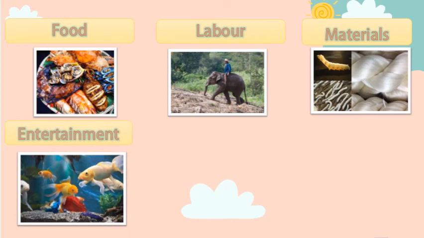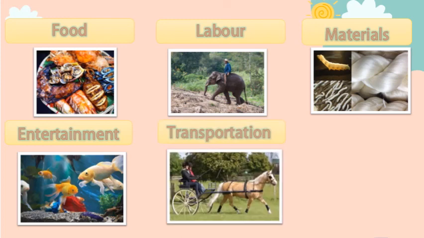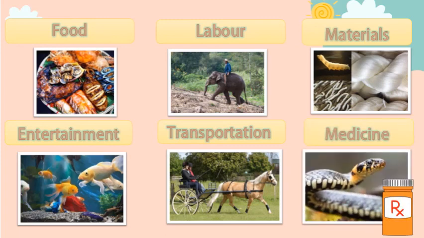Animals also give us company, such as our pets: dogs, cats, rabbits, birds, and fish. Animals also provide transportation. They help us to move from place to place. And lastly, they provide medicine, such as snakes and scorpions.